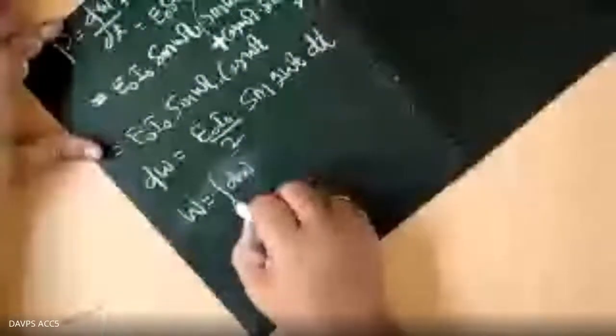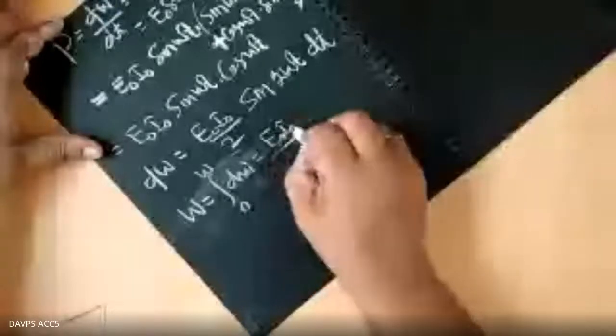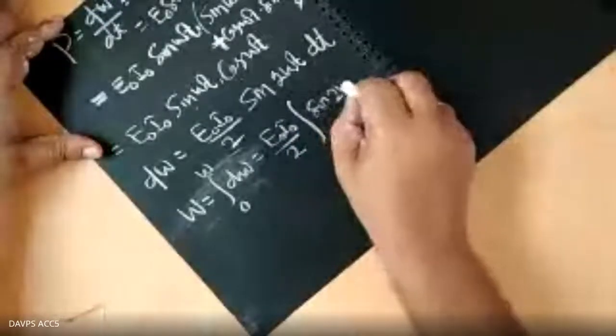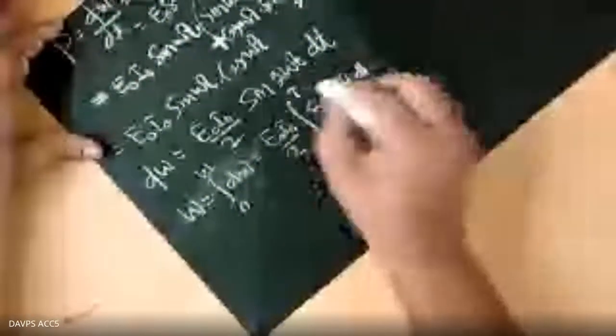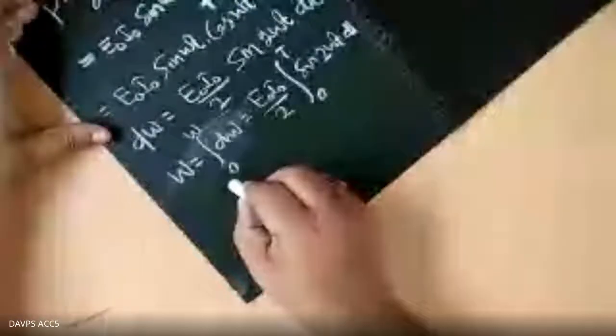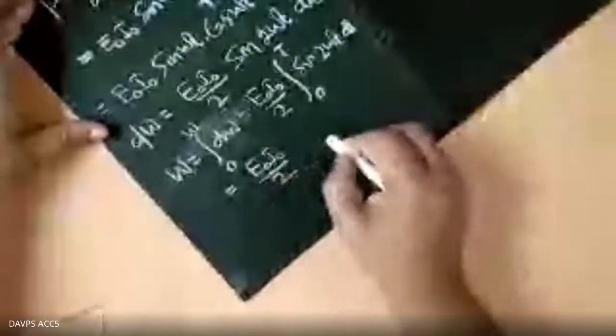The W will be equal to the integration of dW, from 0 to W, which equals the integration of E naught I naught by 2 times the integration of sin 2 omega t dt from 0 to t.